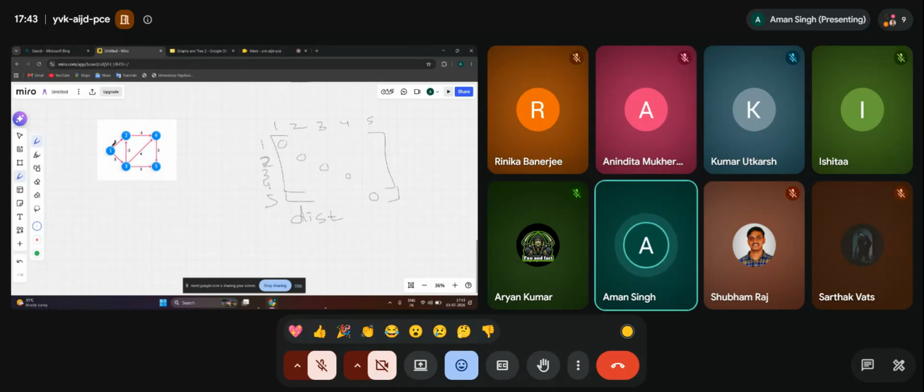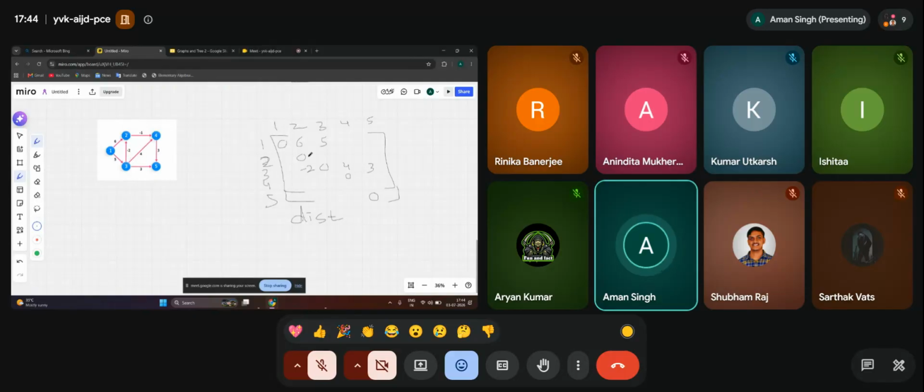Here it is given 1 to 2, so 6. Store it. 1 to 3, that is 5. Then 3 to 2, minus 2. Then 3 to 4, it is 4. Then 3 to 5, it is 3. So just store all the edges.